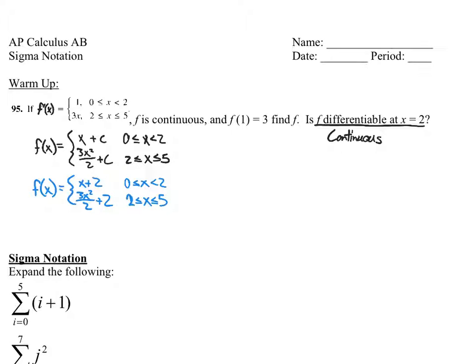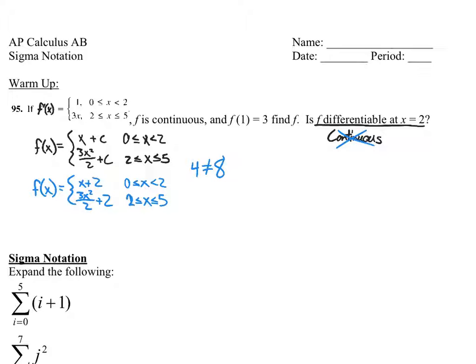And if we plug in 2 here, we get 4 times 3 is 12 over 2 is 6 plus 2 is 8. So, is it differentiable? No, it's not even continuous there, because 4 doesn't equal 8. So, it's not continuous.